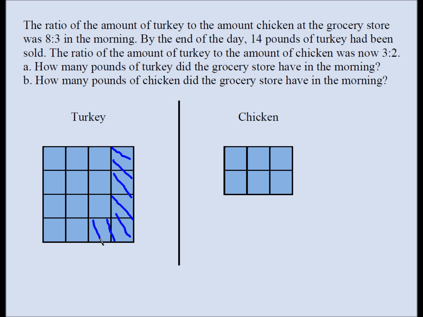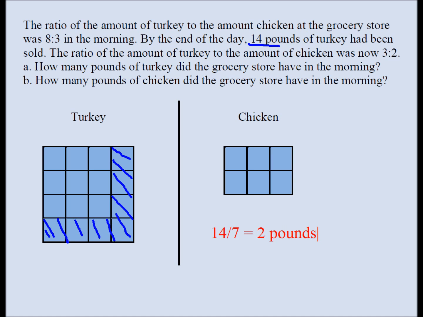If they sold this many parts of turkey, little squares, and they also sold 14 pounds of turkey, I have 7 squares here. So what does that mean? That means each square has to be worth 14 divided by 7, which is equal to 2 pounds.